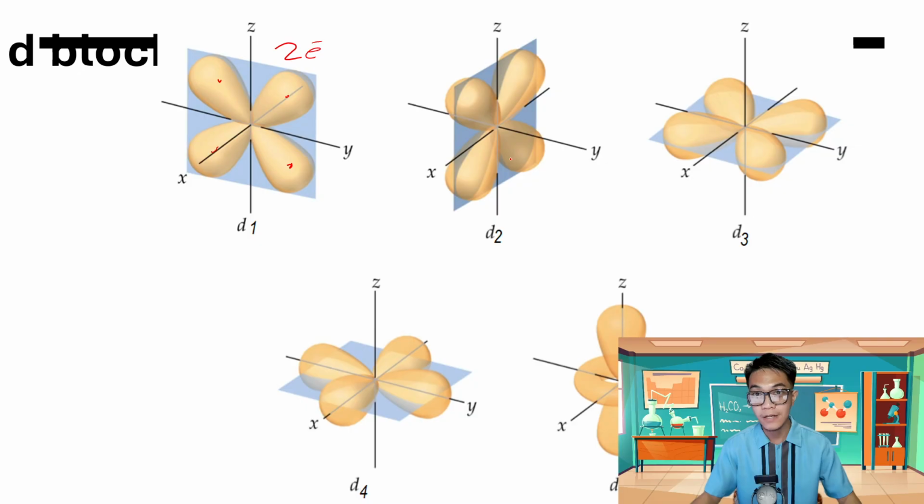We can only say up to a certain degree. Not 100%. We will never be 100% sure that electrons can be found here, but only around these 4 areas, there can be 2 electrons moving around in this space. Okay, so we have 1, 2, 3, 4, and the 5th orbital for the D block.